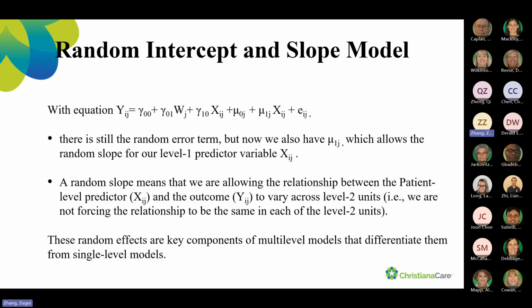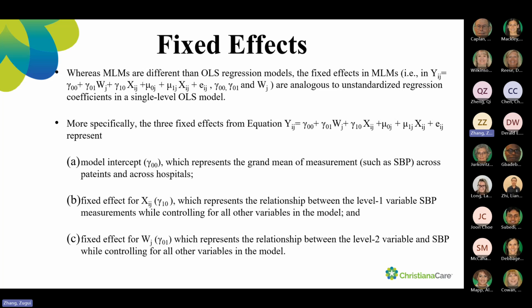Those random effects are key components of multi-level models that differentiate them from single-level models. The single-level models are the ordinary models, as in the traditional regression model, where we could have other variables without considering the variation between the higher levels, such as the hospital level compared to the patients. So we have the fixed effects.